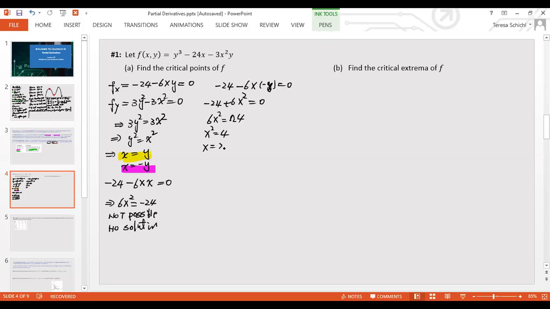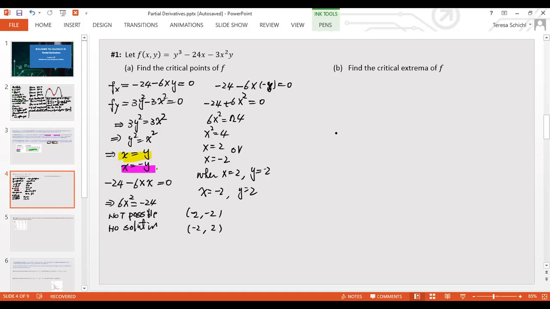So x equals 2 or x equals negative 2, right? When x equals 2, what is my y value? y is negative 2. When x equals negative 2, y equals 2, right? So how many critical points do I have? I have 2 critical points: (2, negative 2) and (negative 2, 2).